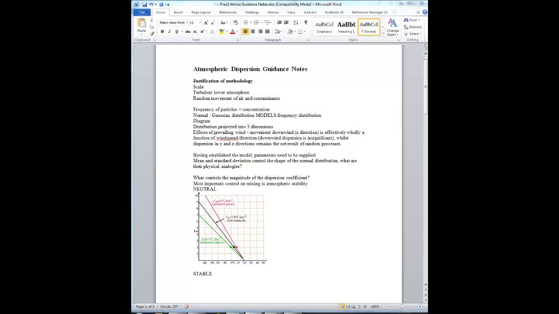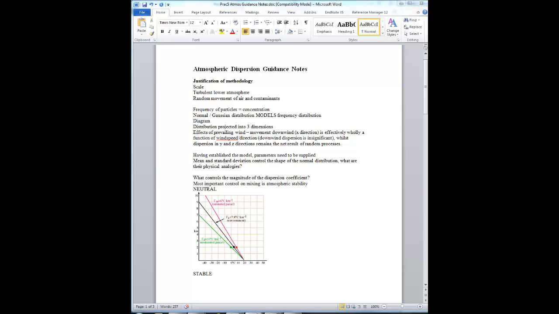Now, that should strike a chord with you, because we've considered what controls the distribution of whatever it might be, student heights or particles. We've looked at diffusion, we've looked at particles. If the processes operating to cause them to disperse are effectively random, recognise that the distribution that we're likely to get is a normal or Gaussian distribution.